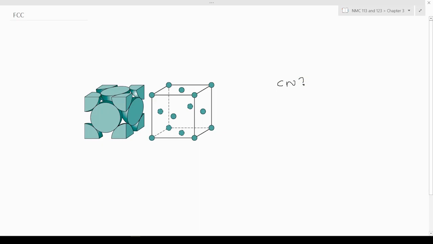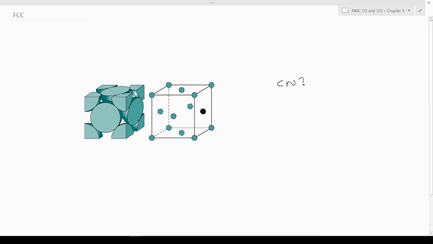I said that we choose a reference atom. In this case, it's much easier choosing the face-centered atoms as your reference atom, because when you're making the count, it's much easier with the face-centered atom.